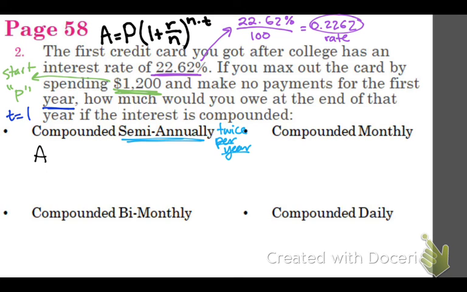All right, so we have a new equation. What's our P? 1200. We bring that 1 plus down. We said our rate was 0.2262. And if it's happening twice per year, that's n equals 2. And our time is 1.